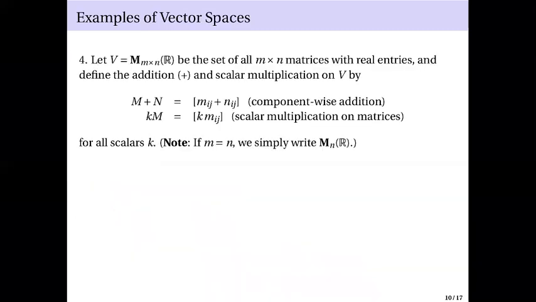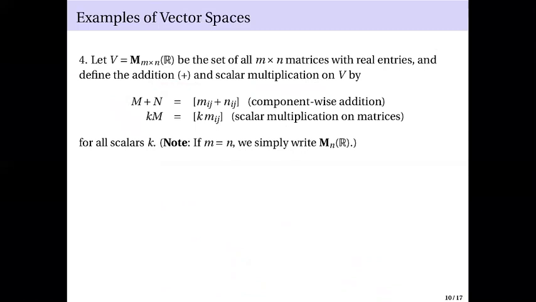Next example. Let V be the set of all m by n matrices with real entries. Then we define the addition and scalar multiplication on V as follows. Again, these are the usual operations.